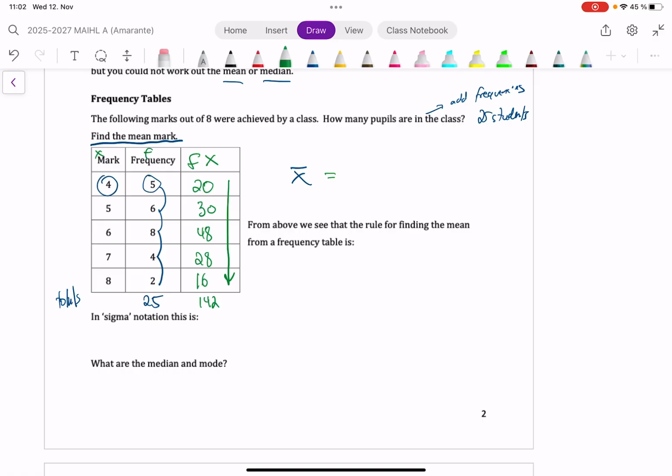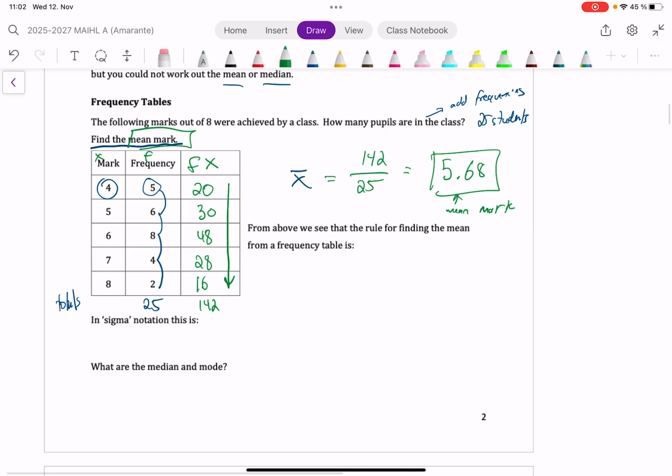So if I take all 25 students and I add up their marks, it is that 142. And I divide by the total number of students that I had, which is 25, which, type that in the calculator, we get 5.68 is the average score, right? The mean mark. This is the mean mark on the test.